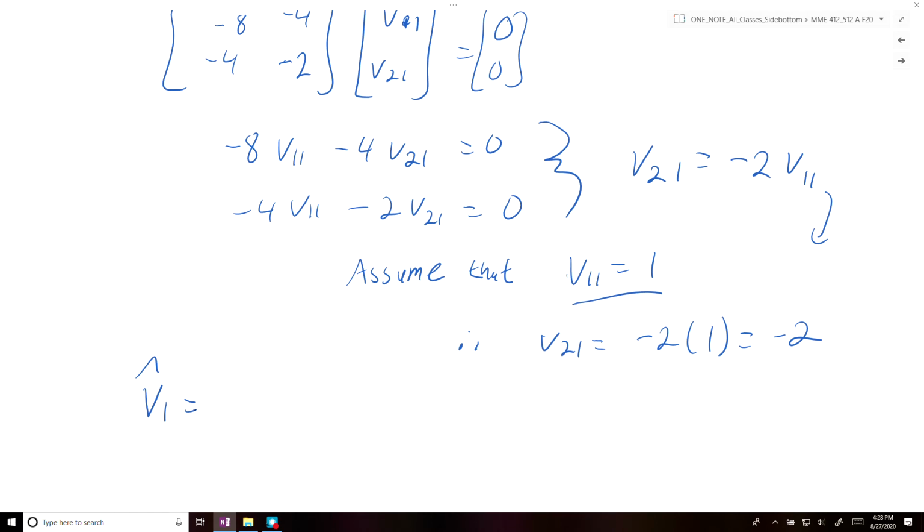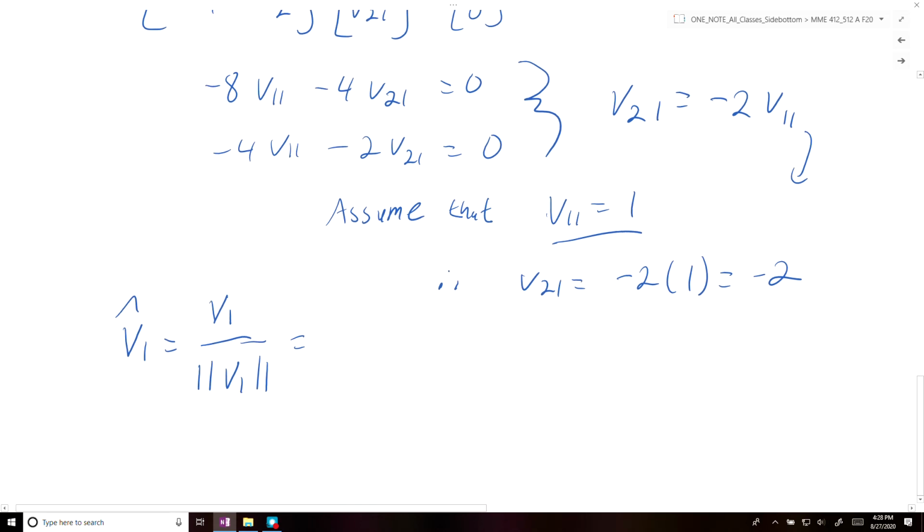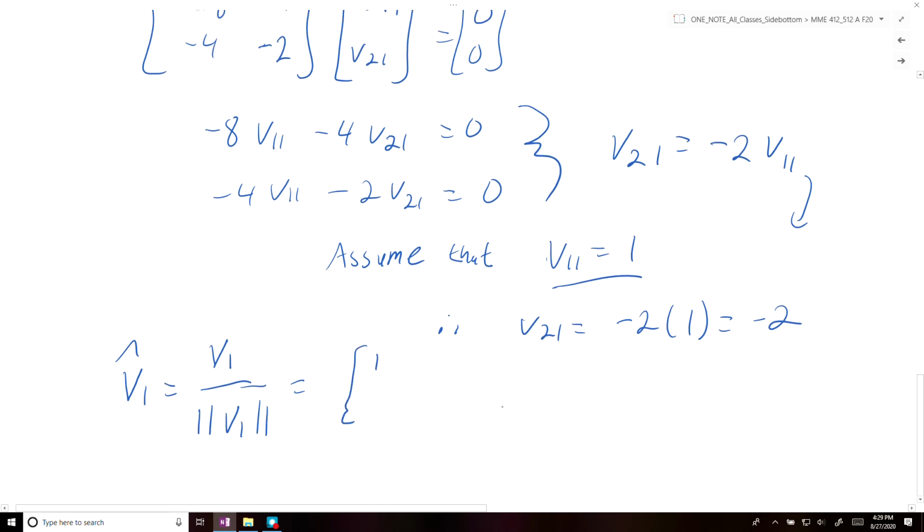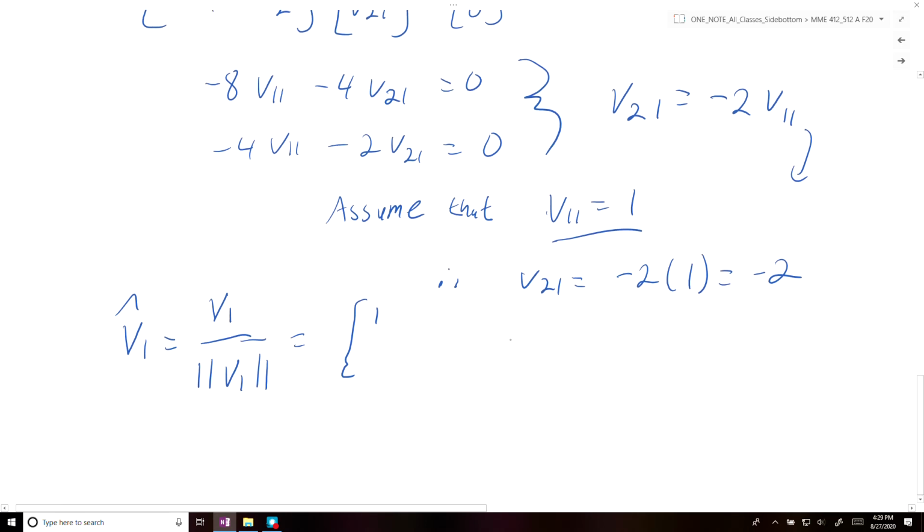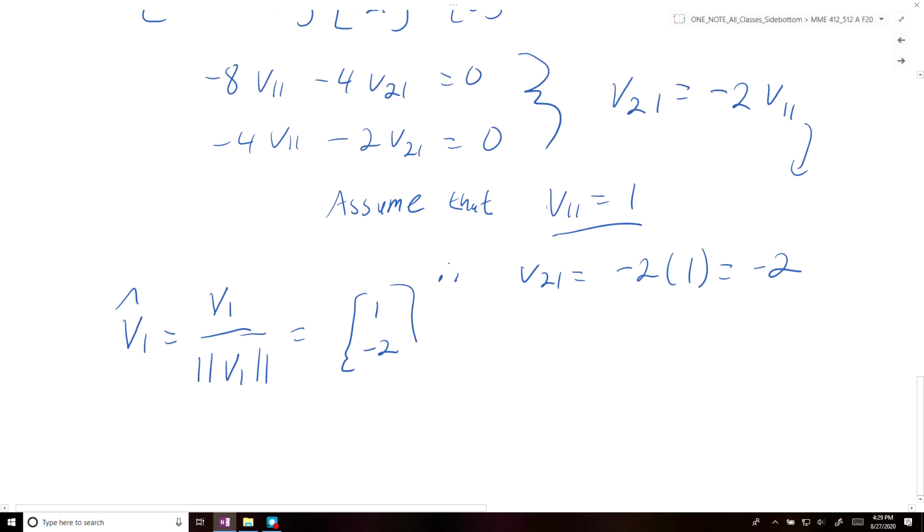So if we take our vector v1 and divide it by its magnitude, we end up getting our eigenvector. We put v11 and v21 in matrix form, and divide both of these by the magnitude of the two components.